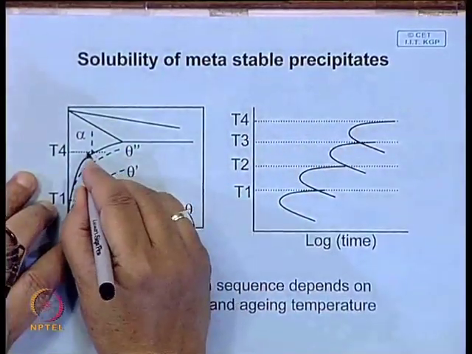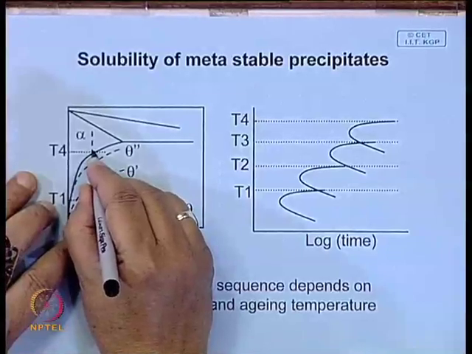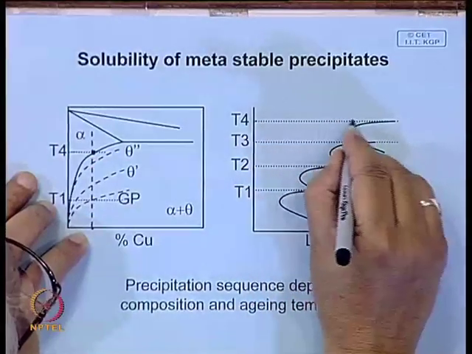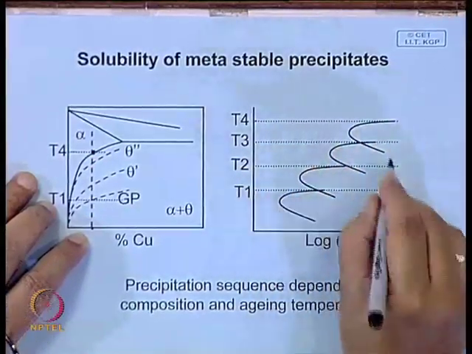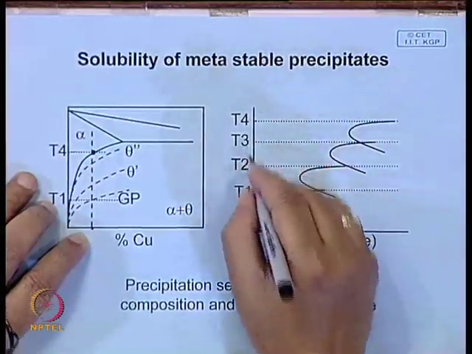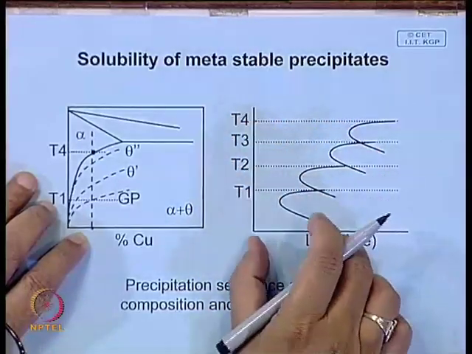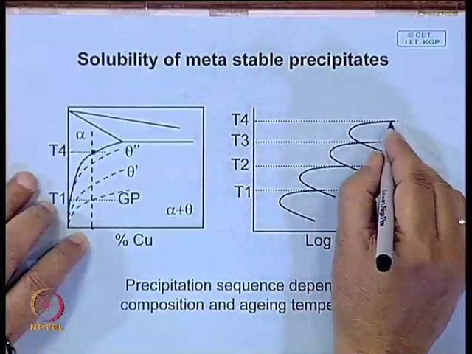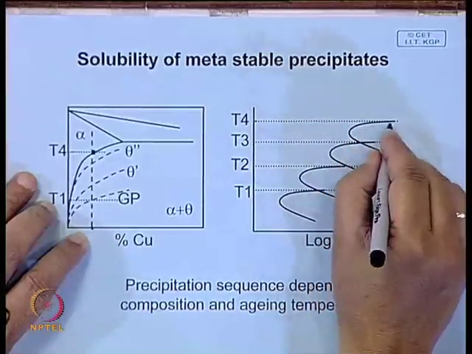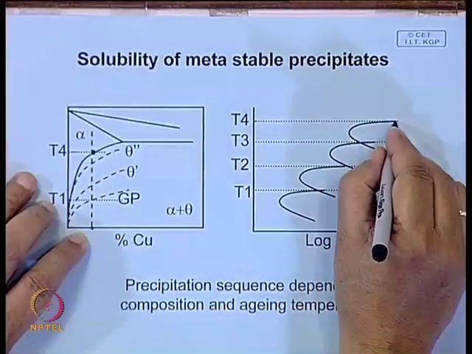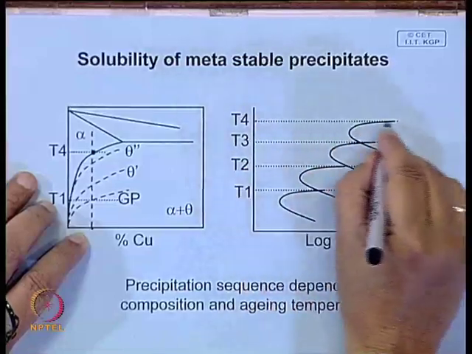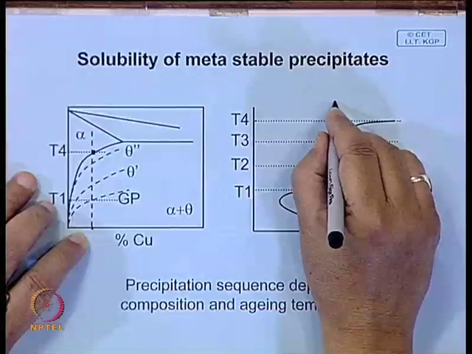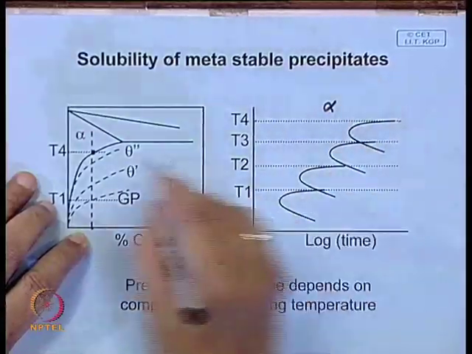T4 means here, so you can see this is lying on the solvus curve. So, even if you keep it for an infinite length of time, there will not be any precipitate. This axis is the temperature, and here we are trying to plot the time it takes for the precipitation to start. In this particular case there is no supercooling, so it will continuously remain in the state of alpha.